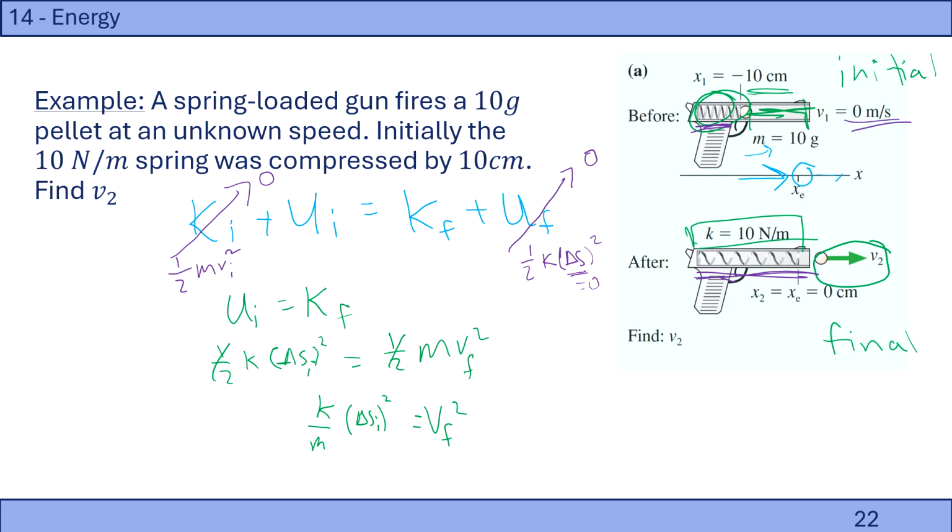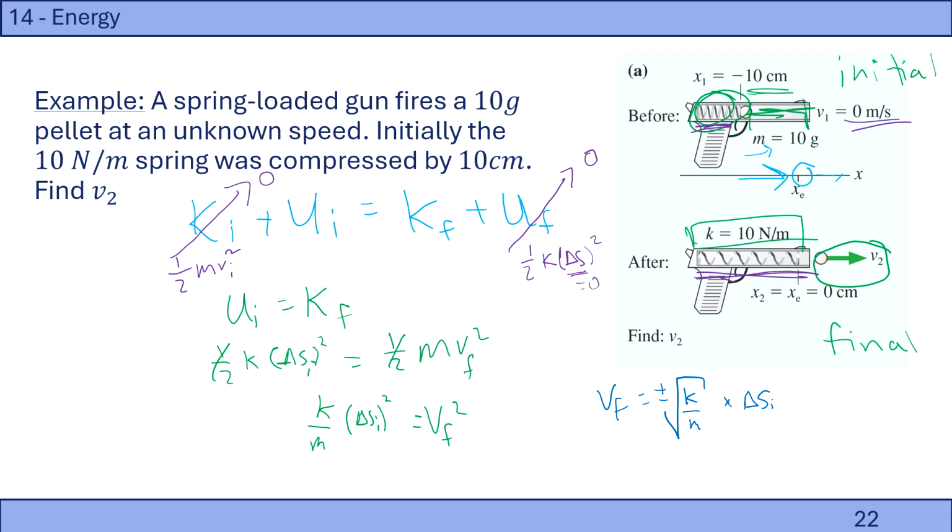And if we square root both sides, then we end up with the final v_f is equal to root k over m times delta s_i. I guess technically we do have a plus or minus, but looking at the picture, we can see that this is going to be a rightwards velocity.